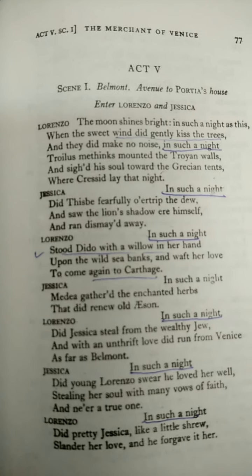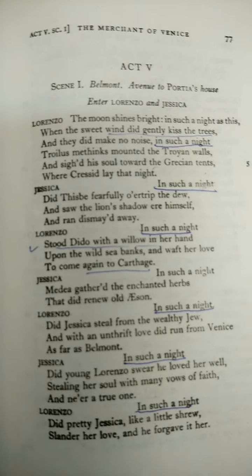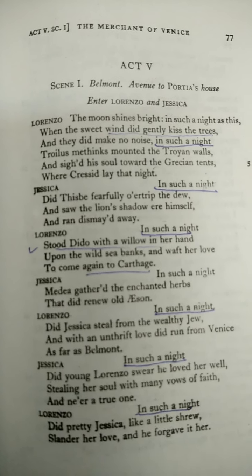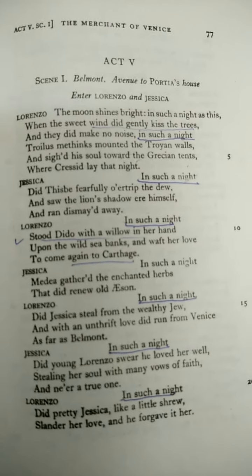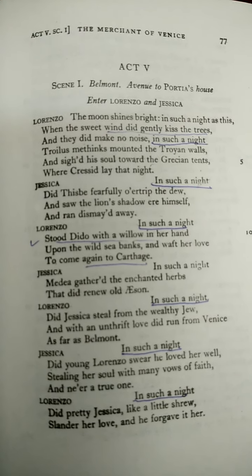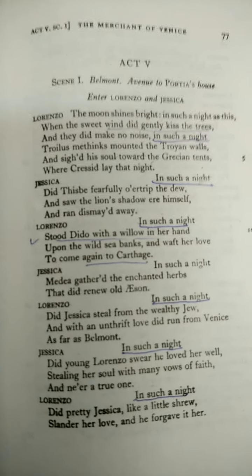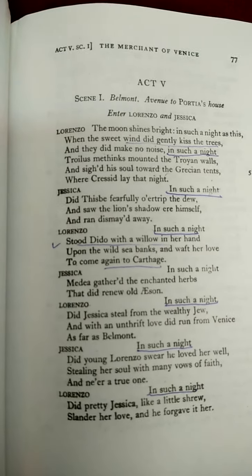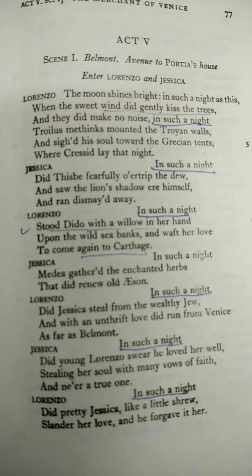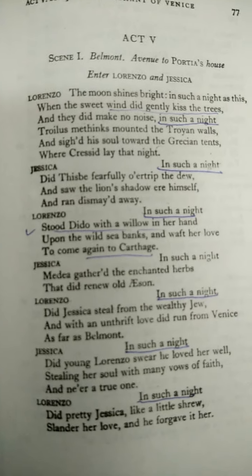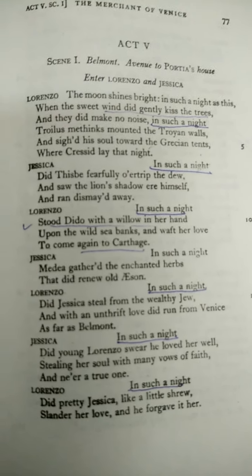But you can also be asked, what is the dramatic significance of the final scene? It is Act 5, also called the final scene. Now again, it is important from the point of view of the Lorenzo Jessica episode. So for this final scene, you must always remember that it is called a romantic comedy. Now this is also another important question, why it is called a romantic comedy.